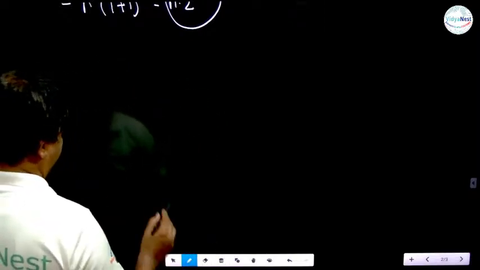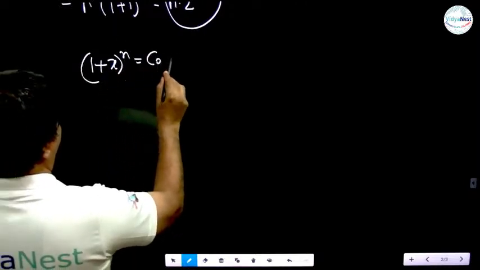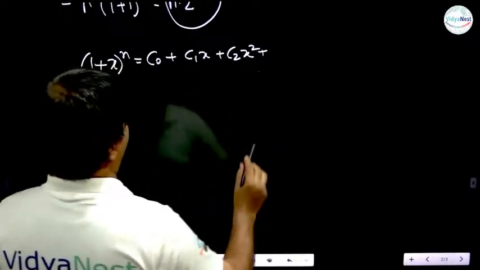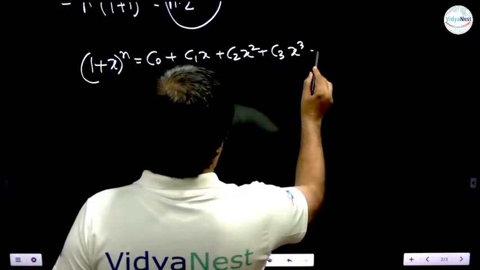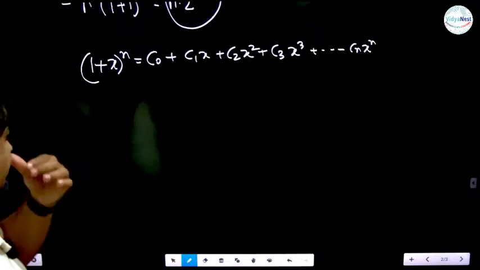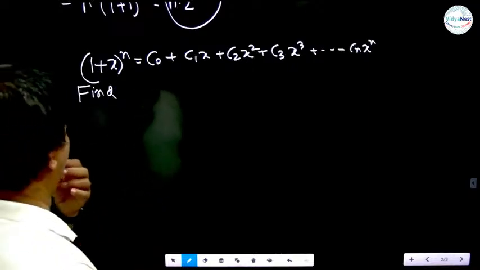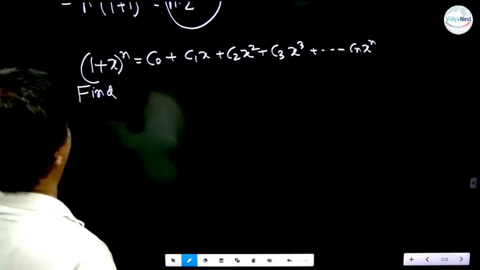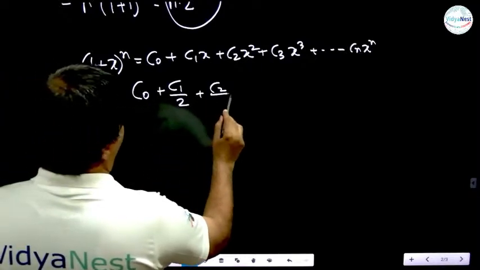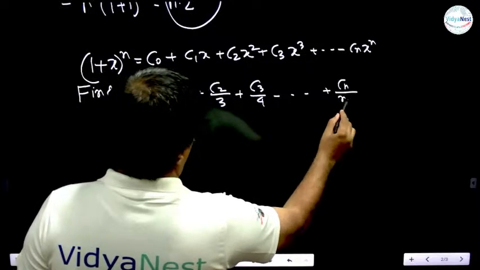Suppose Cn x to the power n, you are told to find C0, C1 by 2, C2 by 3, C3 by 4 up to Cn by n plus 1.